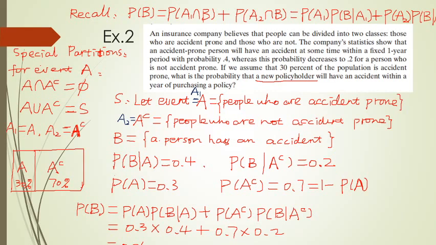So dealing with the examples will be much easier, but be careful to define your partitions and the event B. Then after you establish that framework and figure out the probability for each term, it will be easy to work out the final answer. That's why we need the total probability theorem.